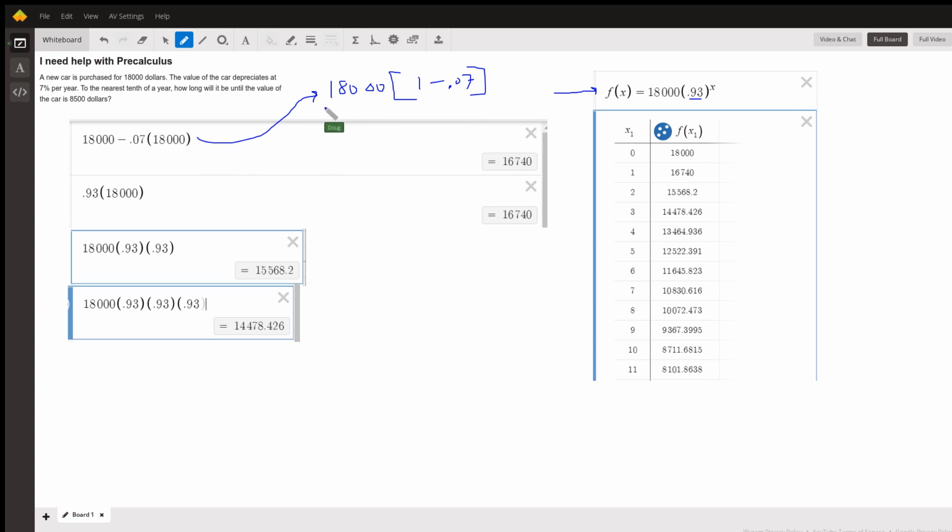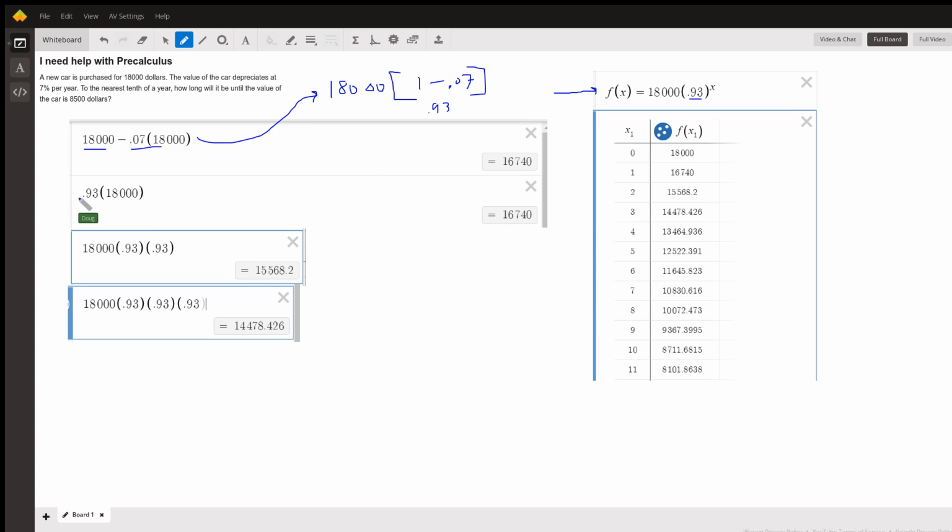But if you picture factoring out an 18,000 from these two terms, you get 18,000 times 1 minus 0.07, and 1 minus 0.07 is 0.93. And if you multiply 0.93 times 18,000, you get the same number, 16,740.